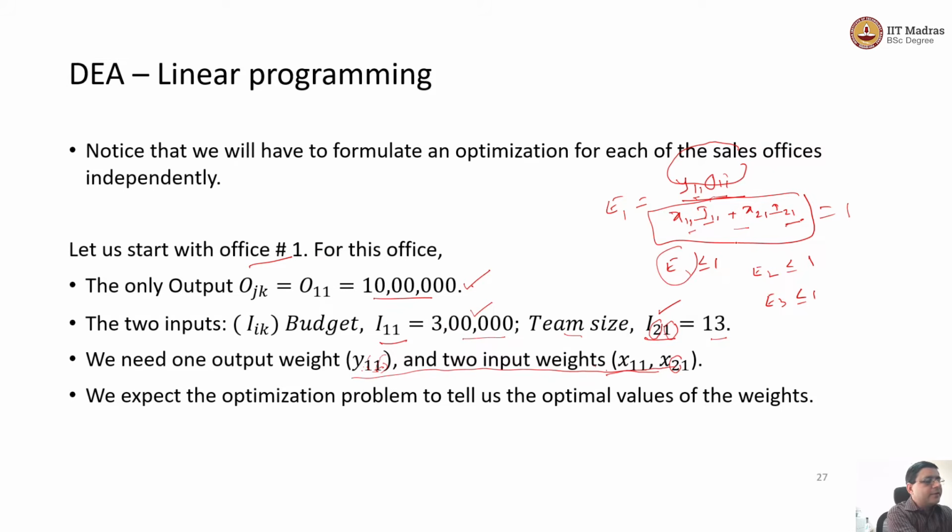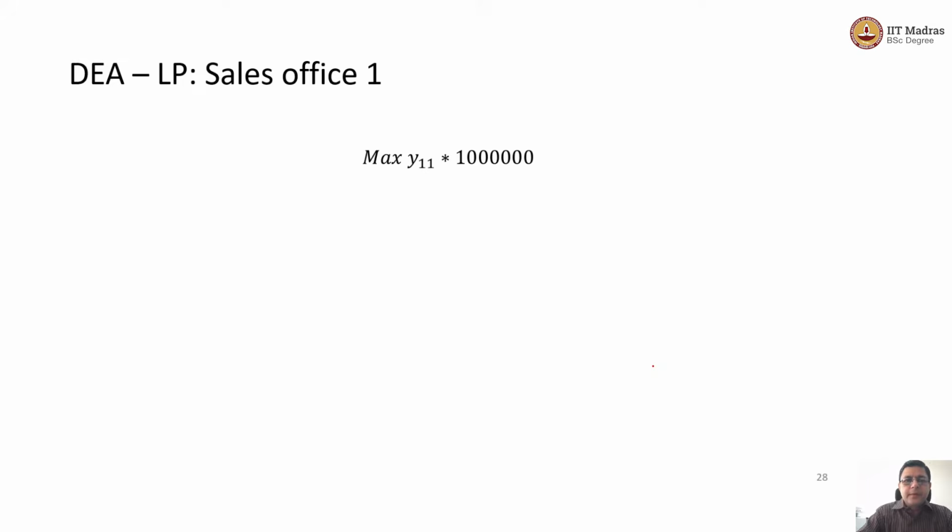However, how are these efficiencies calculated? These efficiencies are calculated using the weights that sales office 1 is assigning. Okay, so let us formulate those constraints also. As I said, the objective function is going to be maximization of the numerator, which is Y11 into 10 lakhs. The first constraint is going to be normalization of the denominator, which is the weighted input, X11 into 3 lakhs plus X21 into 13, which has to be normalized to 1, so that we actually don't have a fraction.